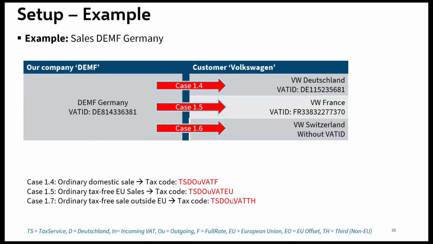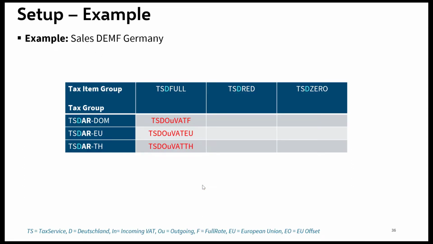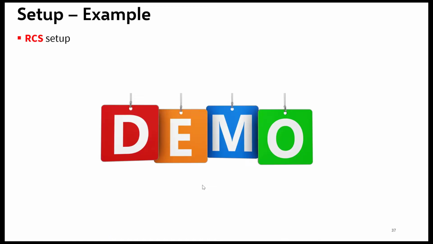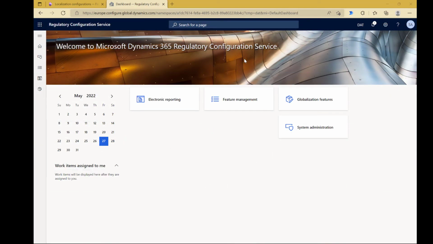So I just use a different naming convention for the tax codes, but the principle is the same. Also here, the tax matrix that I used is pretty easy. And now let us have a look at how I configured that in Dynamics 365 or RCS in this case.